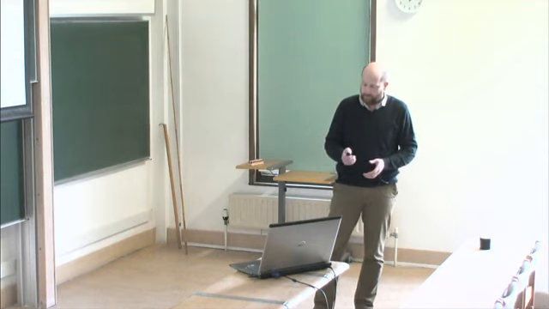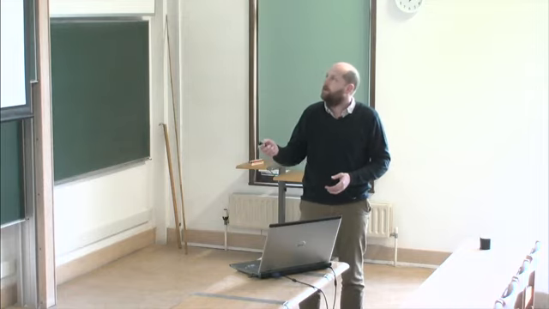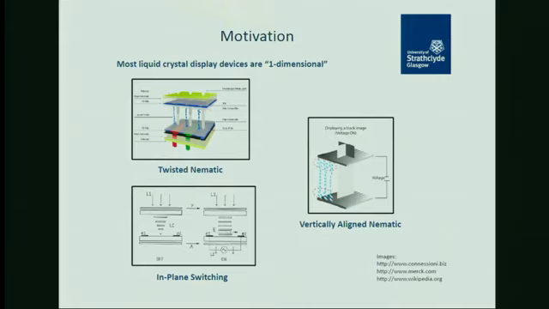The market leader, as it were, is the twisted nematic. That's what's in this laptop screen here, and in most TVs, although nowadays in-plane switching and vertically aligned nematic displays are also around a lot.